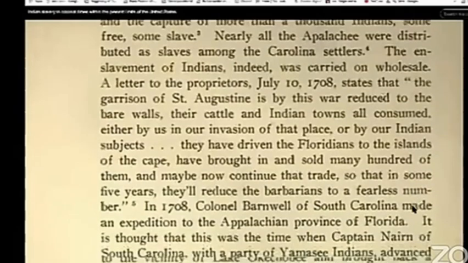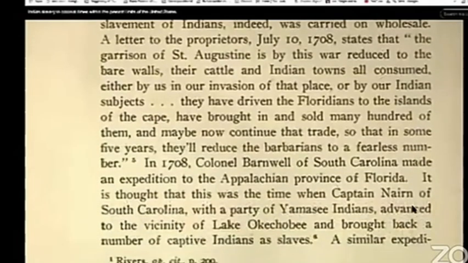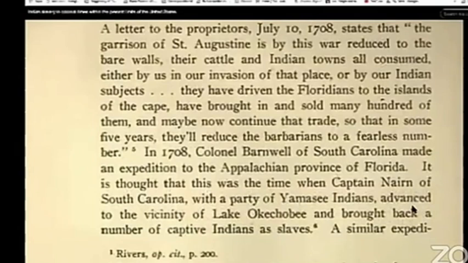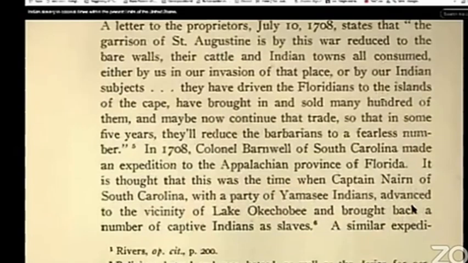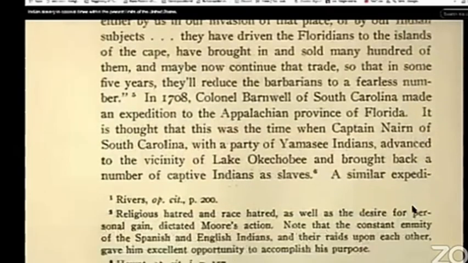In 1708, Colonel Barnwell of South Carolina made an expedition to the Appalachian province of Florida. It is thought that this was the time when Captain Nairne of South Carolina, with a party of Yamasee Indians, advanced to the vicinity of Lake Okeechobee and brought back a number of captive Indians as slaves.